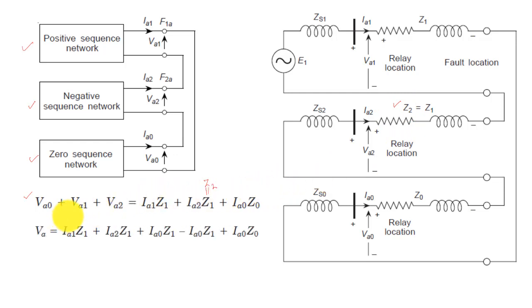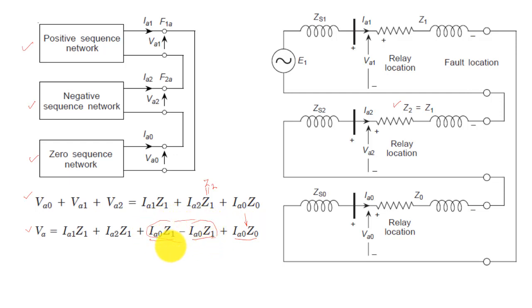Now from this equation we can say VA0 plus VA1 plus VA2 is nothing but equal to VA. So I can write that is equal to IA1 Z1 plus IA2 Z1. Just by manipulating here, adding IA0 Z1 minus IA0 Z1, where IA0 Z0 was there, I have replaced it here, and just the manipulation happened.